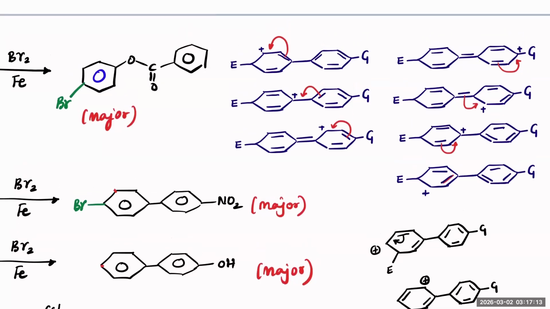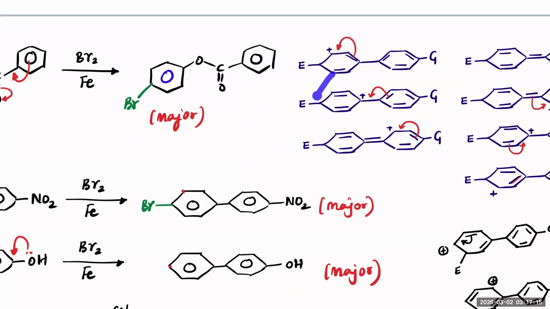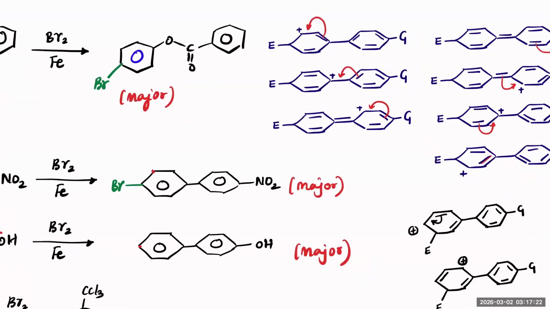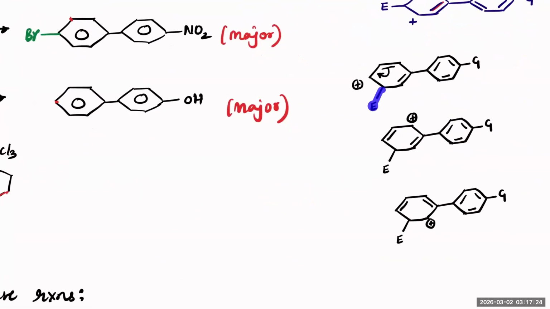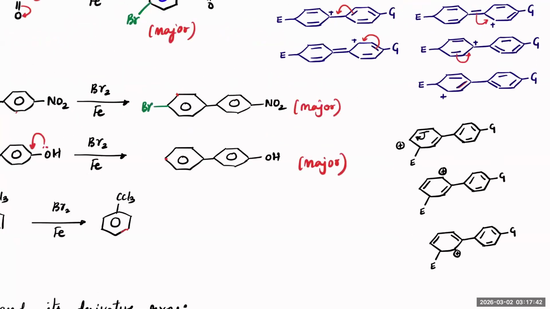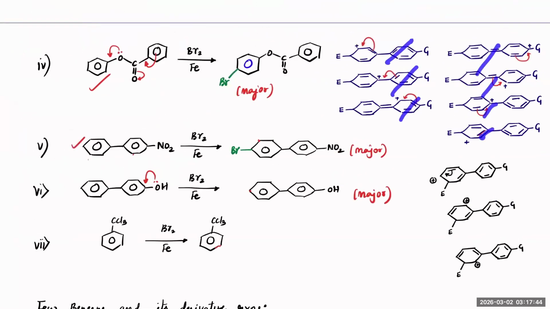But imagine if you keep it at the meta position. If an electrophile is here, the positive charge will go here, and then here. This ring is not involved at all. So here you will not judge on the basis of ortho-para directing or meta directing; you will judge only on the basis of the number of canonical structures it can make.